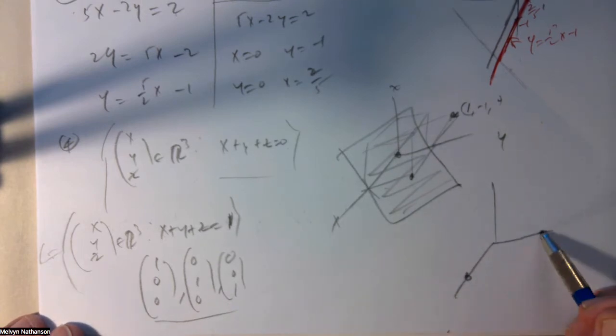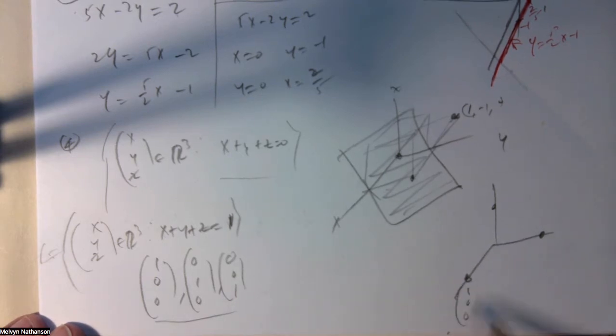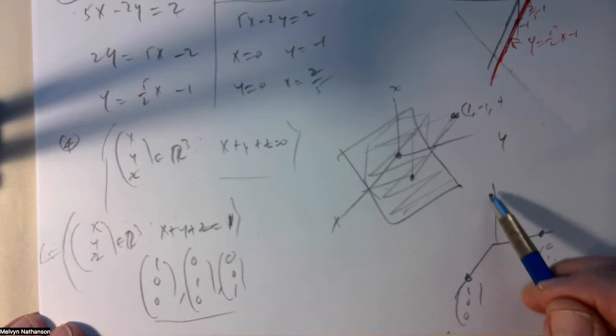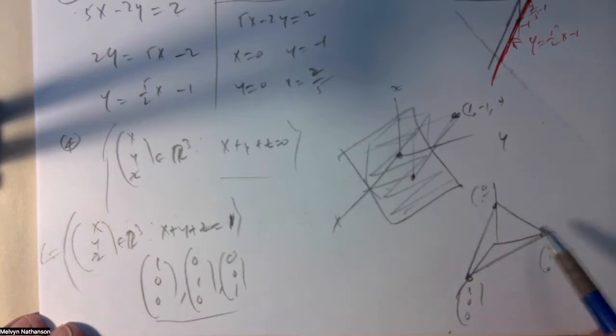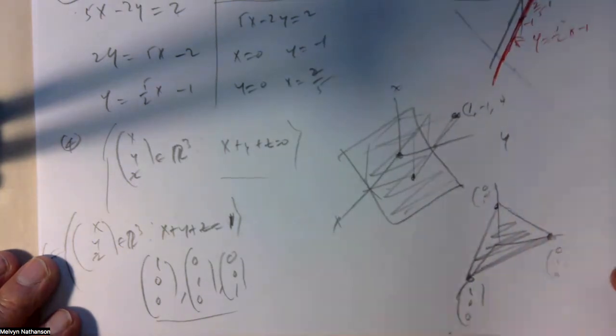So you take these 3 vectors, 1, 0, 0, 0, 1, 0, 0, 0, 1. They form a triangle in 3-dimensional space. And you just extend that triangle, and that's what this plane is. So that's the best you can do with problem 4, but it's an important problem if it makes you think a little bit about surfaces and planes in 3-dimensional space.